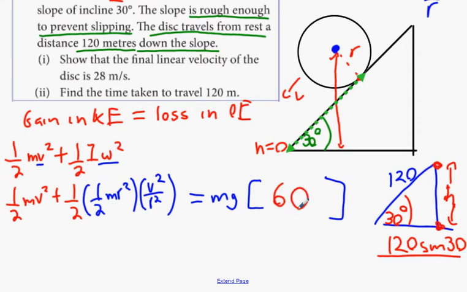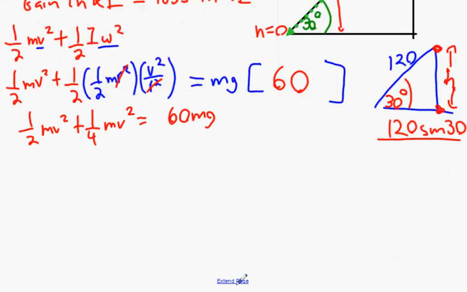Now, r squared cancels with r squared, leaving a half mv squared plus a quarter mv squared equaling 60 mg. Extend the page downwards, cancel the m's. 3/4 v squared equals 60g.